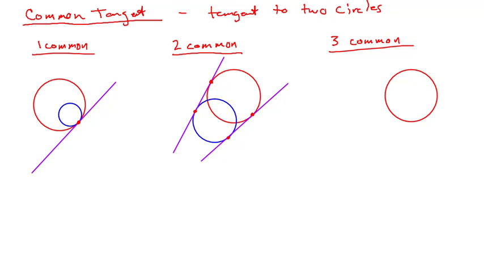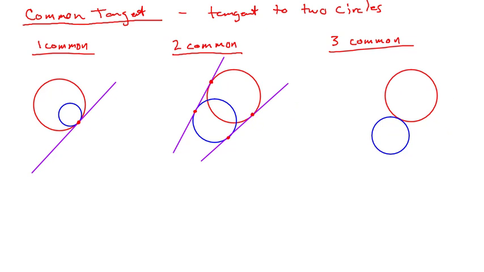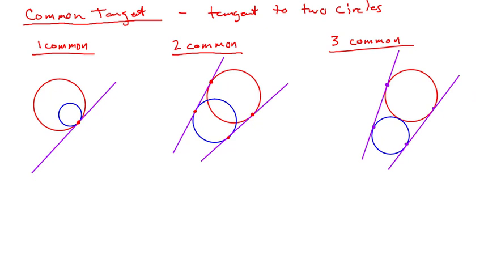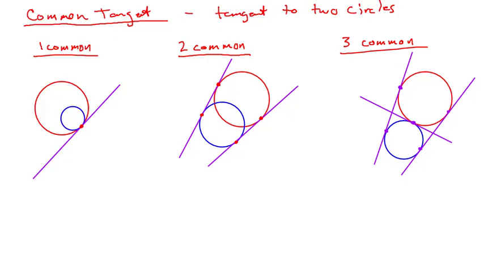A big circle, and then this one's going to be similar to the last one. Okay, so we have our two common ones just like the last one, but hopefully some of you are seeing we can have a third one that goes right between them like that. So they're both tangent to it right there. So that's three common tangents.